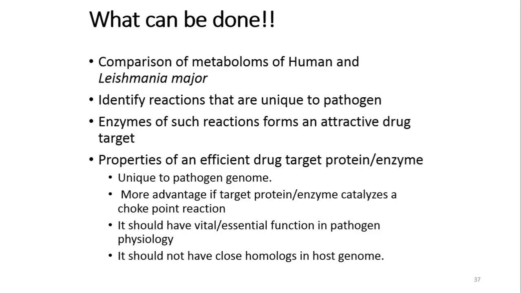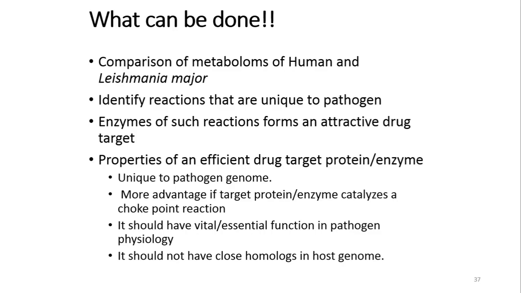Okay, so besides uniqueness, if your identified drug target, or any protein or enzyme, catalyzes something called a choke point reaction, it would be very beneficial to act as a drug target.